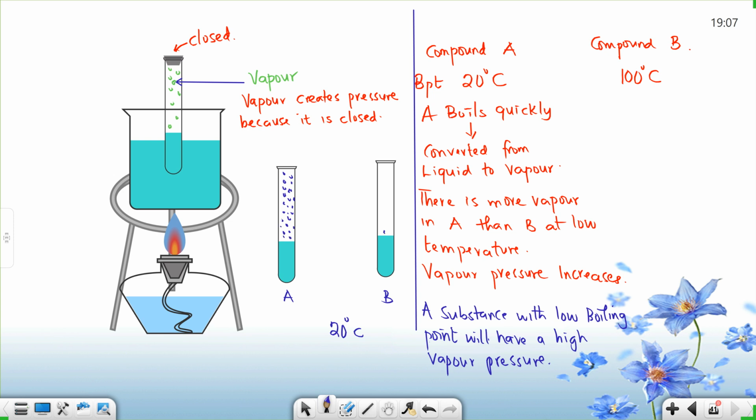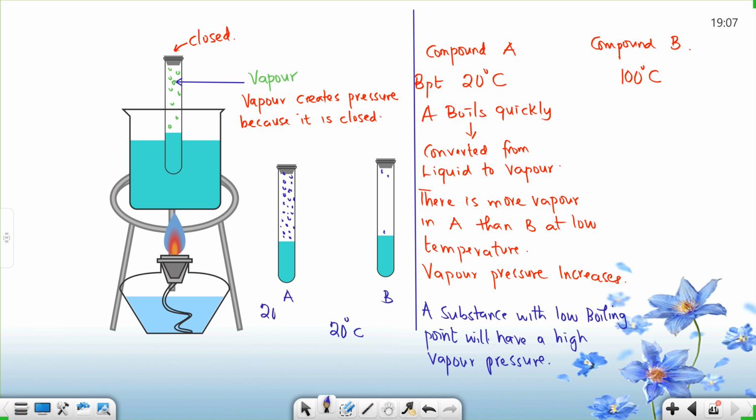But this one, it's not even, it's just cool. I don't know if we are on the same page. It has to be closed, remember? Is this making sense to you? A changes quickly from liquid to vapor. So we create a lot of vapor, and because it's closed, we generate a high pressure, vapor pressure.